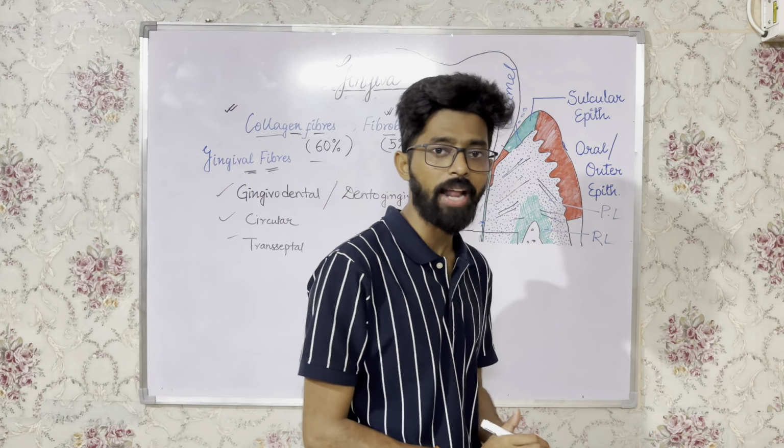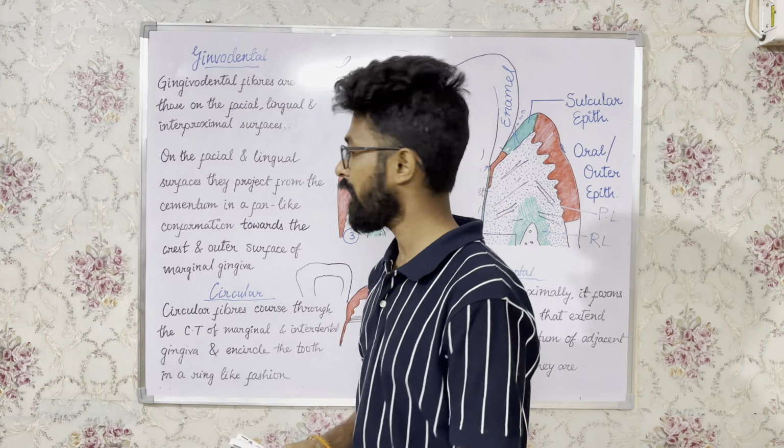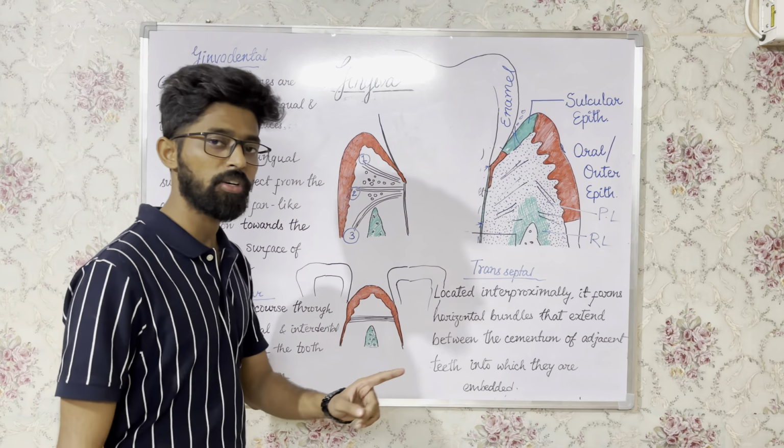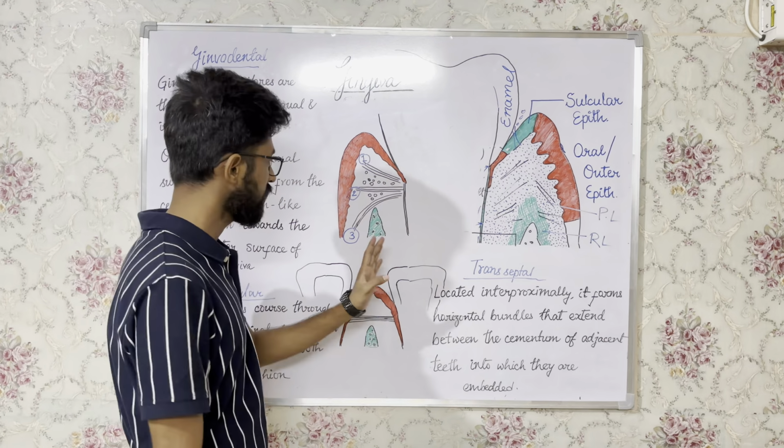Now coming to the diagrams. If you see these two diagrams, you will draw them in the exams, right? The first one is for dentogingival and circular. The second one is for transseptal. Now let's understand. What you will write is also written on the board. For gingivodental, what you will write?